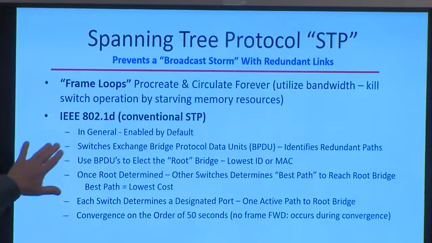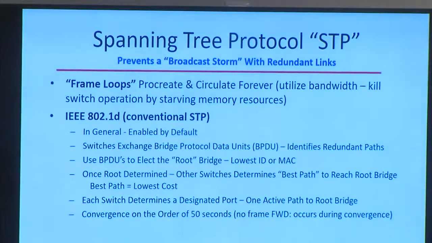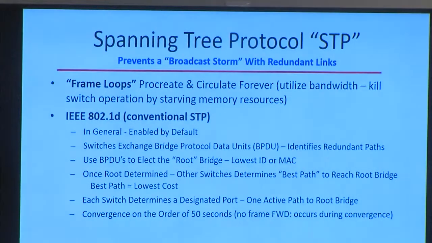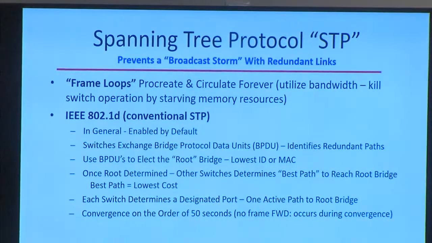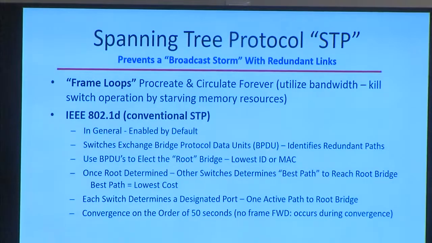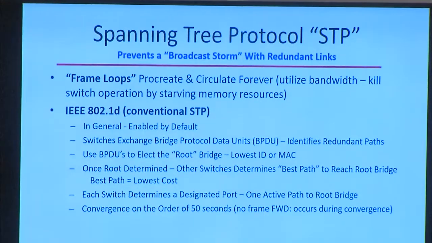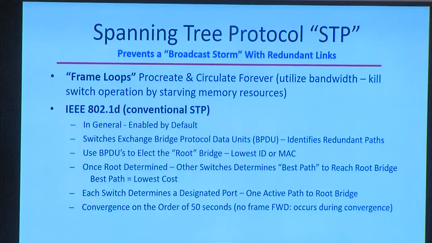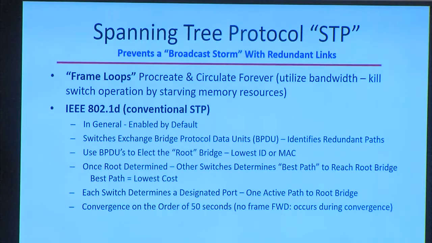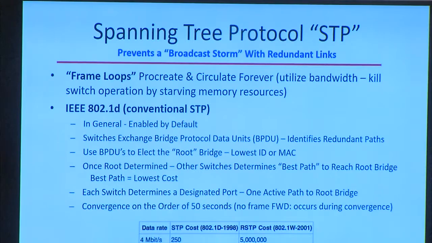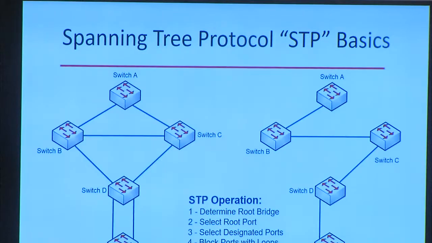Now, in general, spanning tree on switches is enabled by default. Again, we're talking a managed switch. Okay? And there is information, particularly bridge protocol data units, that are exchanged between these switches to basically prune the ports. Some kind of details I will not get into.